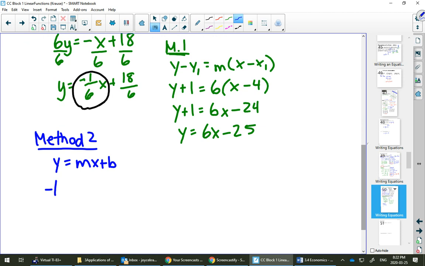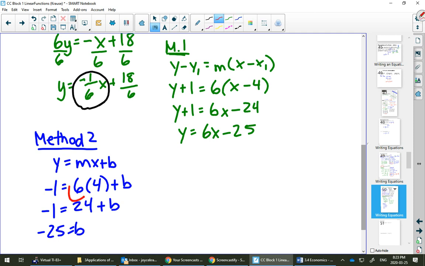So negative 1 equals m, which is 6, times x, which is 4. And again, we're looking for b. So negative 1 equals 24 plus b. Negative 1 minus 24 is negative 25 equals b. Once we have our slope of 6 and our y-intercept of negative 25, we can write our equation. y equals 6x minus 25.